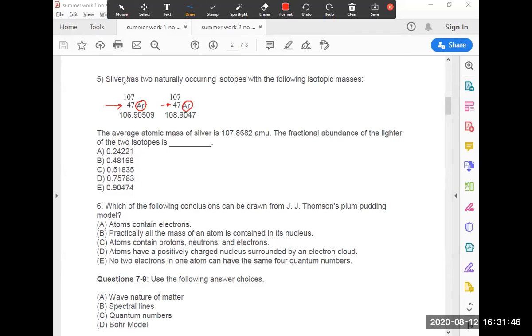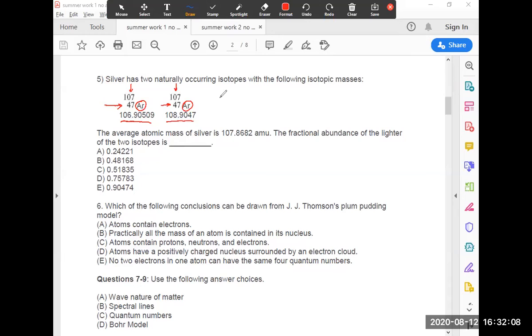Now they are considering 107 as the general mass, but in reality you have 2 isotopes. So this is already the average, but they are making specific that you have 2 isotopes. One that is 106.9 and the other one that is 108.9.